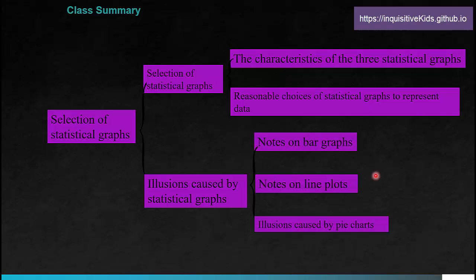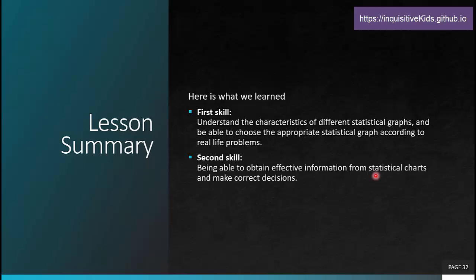In illusions caused by statistical graphs, the three main focuses were notes on bar graphs, notes on line plots, and illusions caused by pie charts. The two skills we learned today were understanding the characteristics of different statistical graphs and being able to choose the appropriate statistical graph according to real-life problems, and being able to obtain effective information from statistical graphs and make correct decisions.